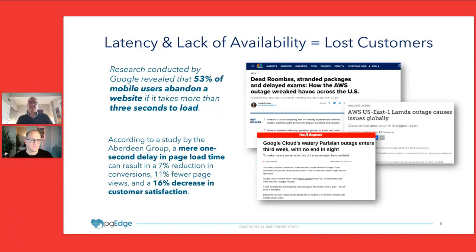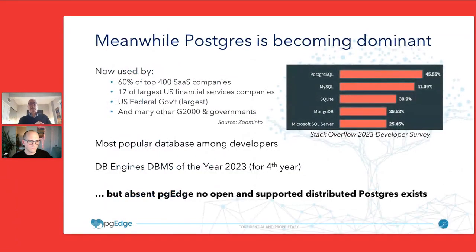It's like, well, are they down globally or just in one region? So going multi-region addresses both the latency problem and the high availability problem. And those are the benefits that we're unlocking with pgEdge Cloud.